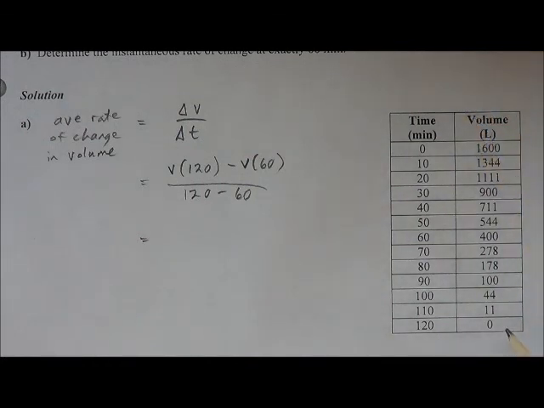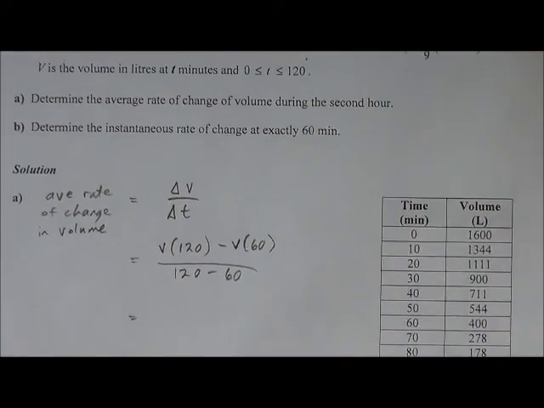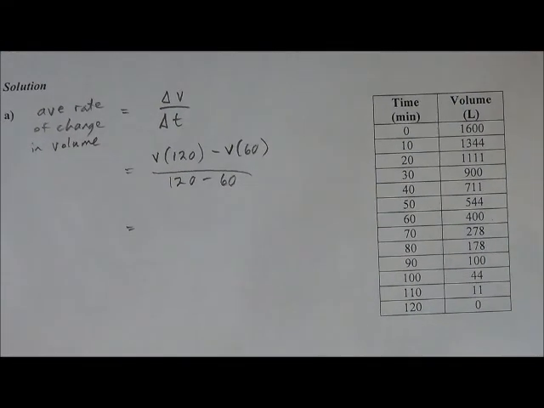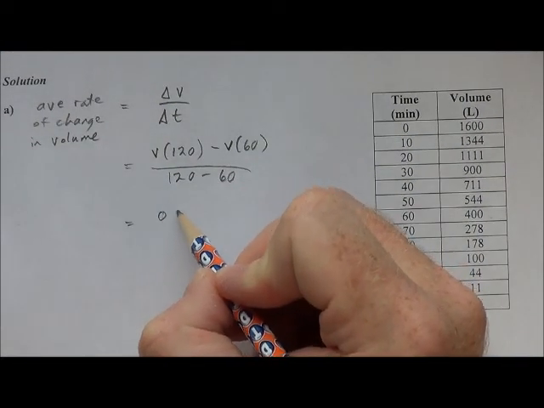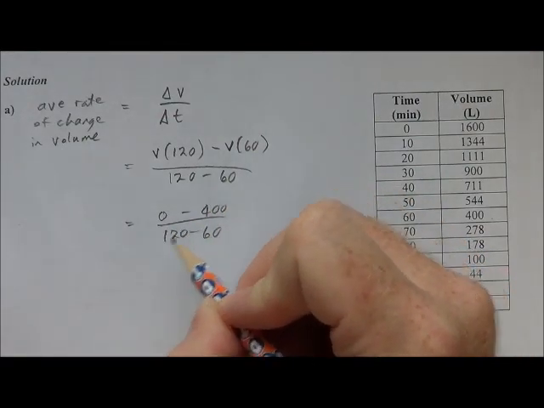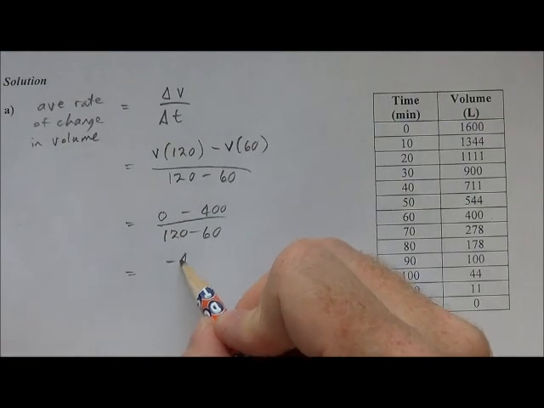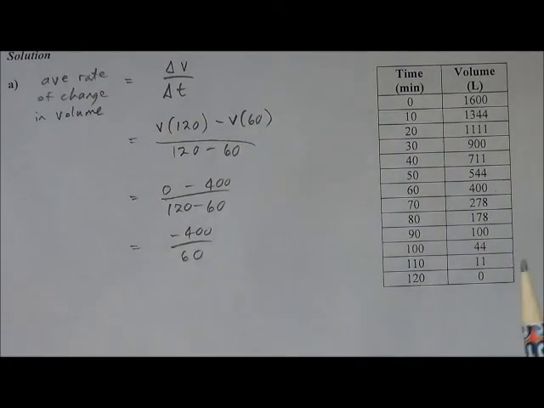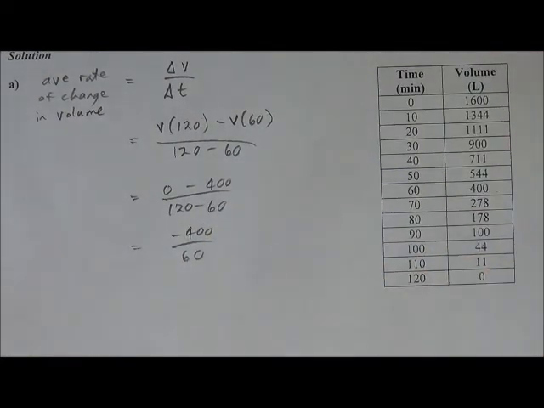V of 120, as you can see here, is 0. And V of 60 is 400. And those two values are calculated by substituting values for time in that formula. So we've got 0 minus 400 over 120 minus 60, which is negative 400 over 60. Now, generally speaking, again, not a big fan of decimals.